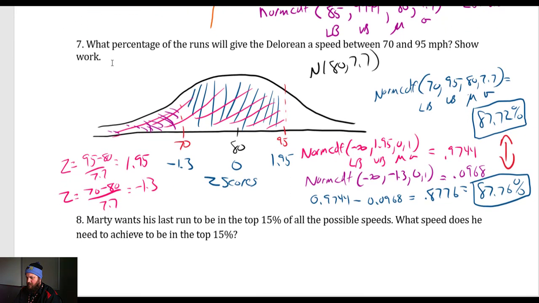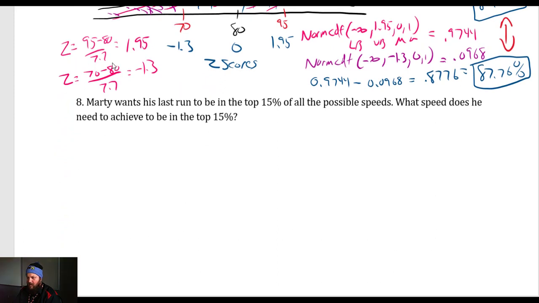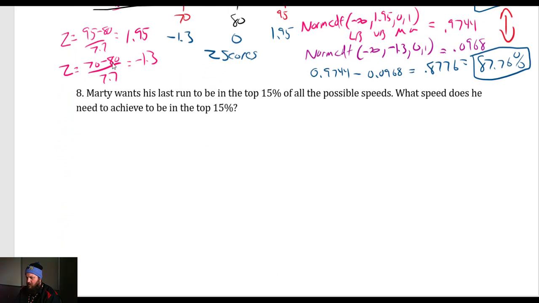Let's see. We've got time to do one more, I believe. Okay, so this says Marty wants his last run to be in the top 15% of all possible speeds. What speed does he need to achieve to be in the top 15%? Well, let's think about this. Top 15%.